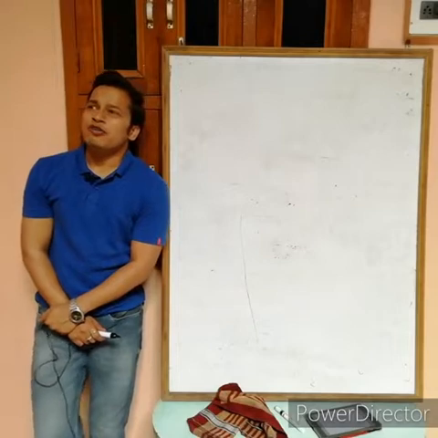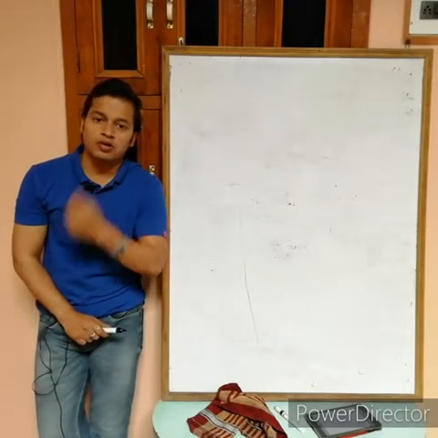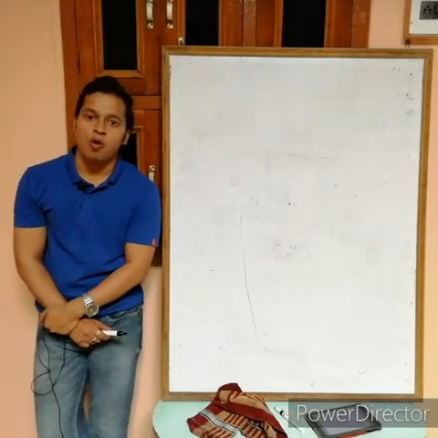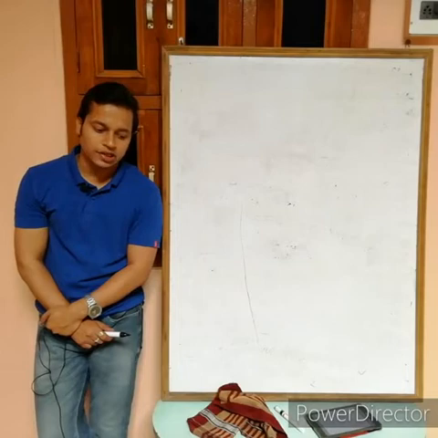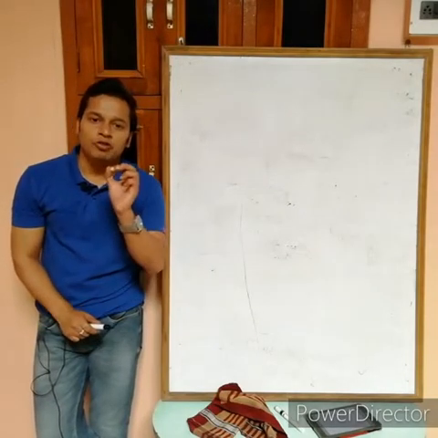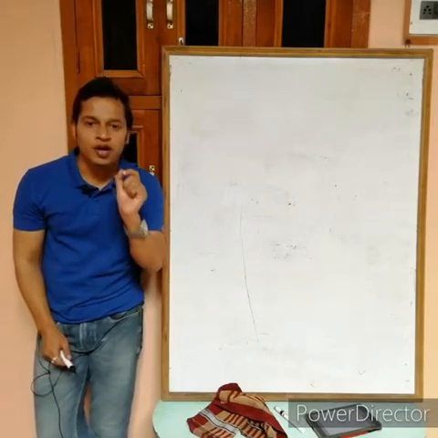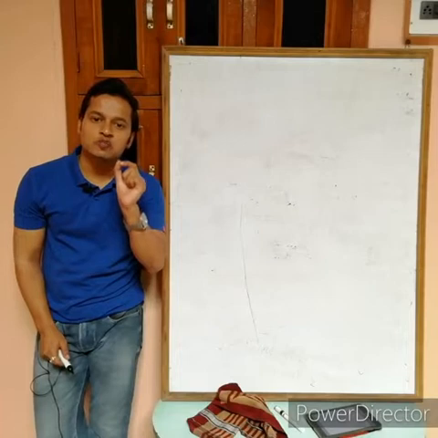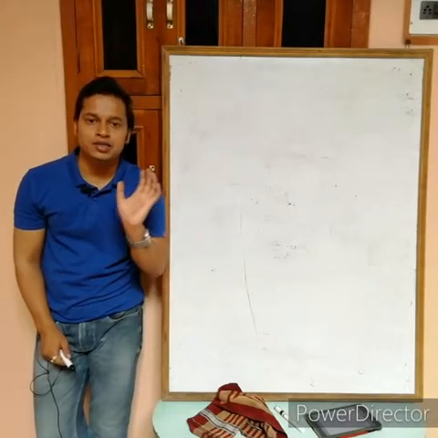Do we have any function which is both even and odd at the same time? Actually, we have f(x) equals 0. f(x) equals 0 is the only function which is both even and odd at the same time.